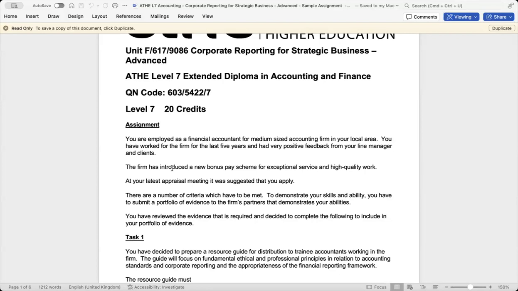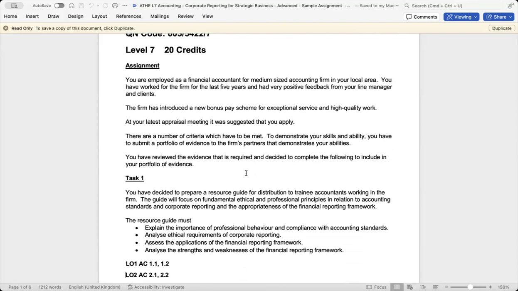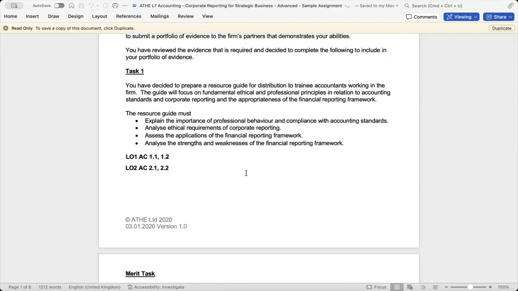The firm has introduced a new bonus pay scheme for exceptional service and high quality work. At your latest appraisal meeting, it was suggested that you apply. There are a number of criteria which have to be met to demonstrate your abilities.